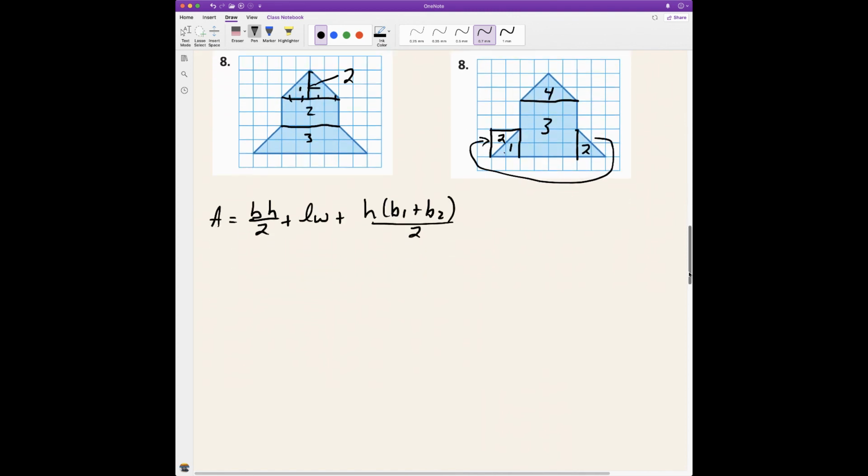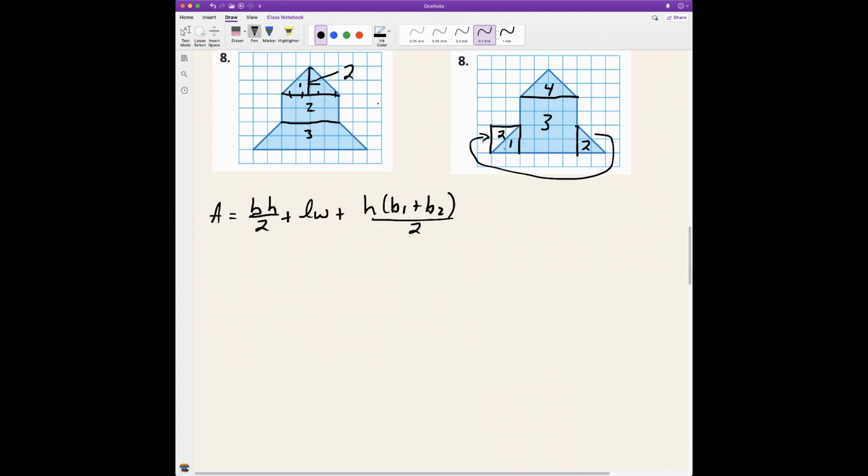All right. So the base of my triangle was 4. We figured that out. The height was 2. And we divide that by 2.